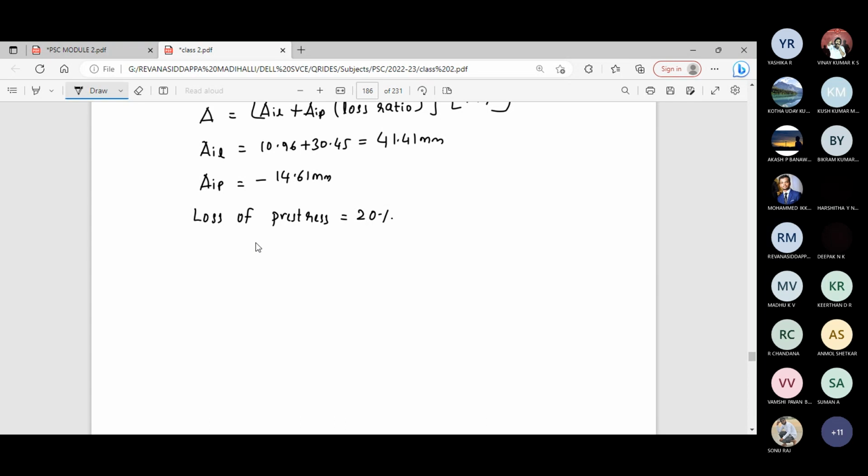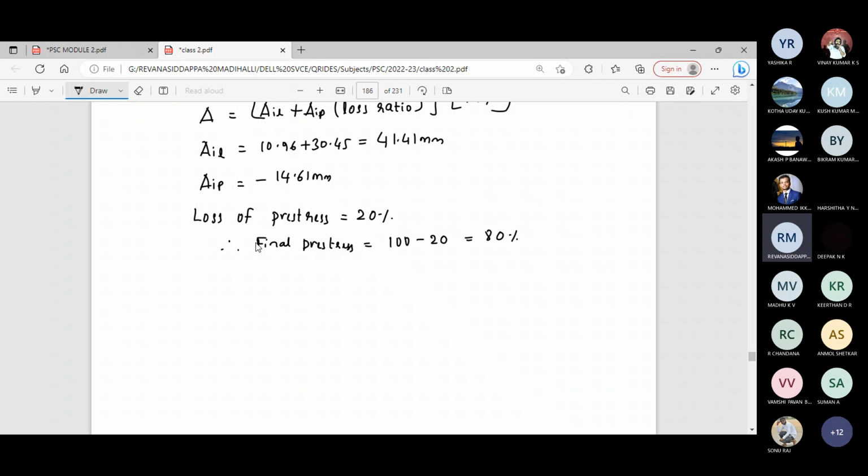The final or remaining pre-stress will be 100 minus 20, which is 80%. Are you understanding?